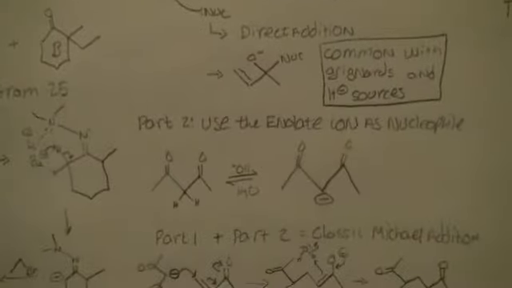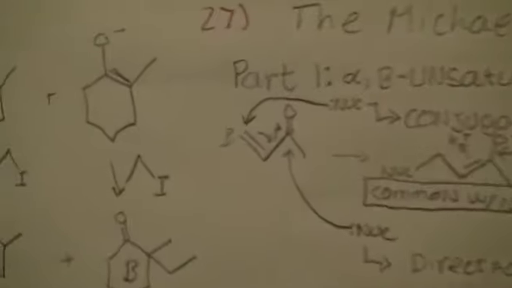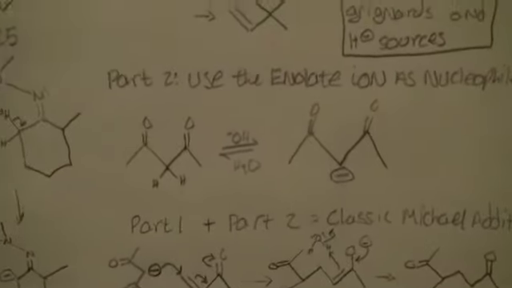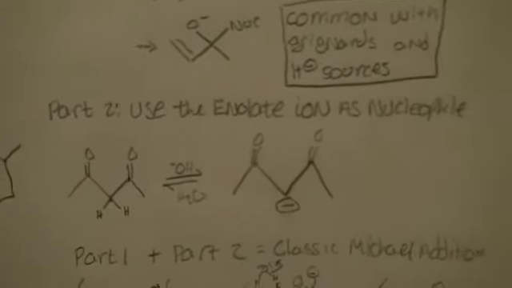We're going to talk a little bit about the Michael addition. It involves two compounds. The reaction of an alpha-beta unsaturated carbonyl, or this guy, with an enolate ion as the nucleophile, or this guy. So first you have to make your enolate ion nucleophile by pulling it off using a base.